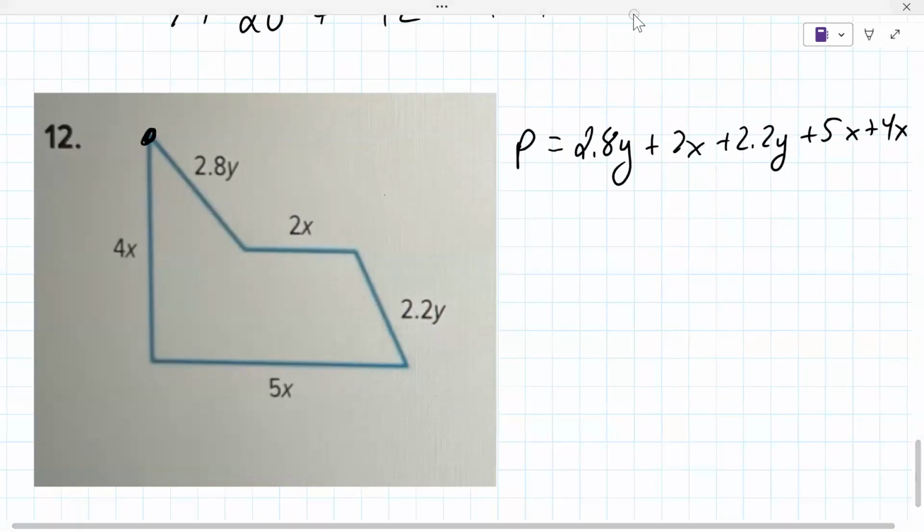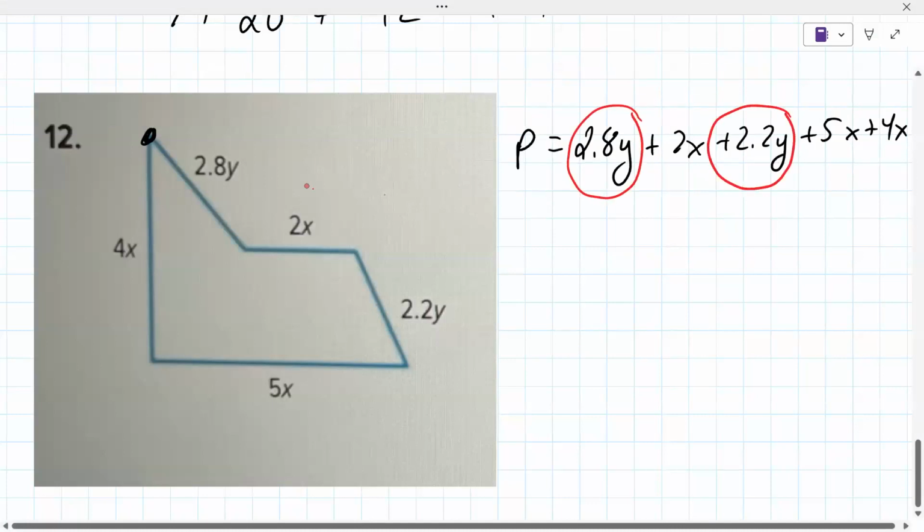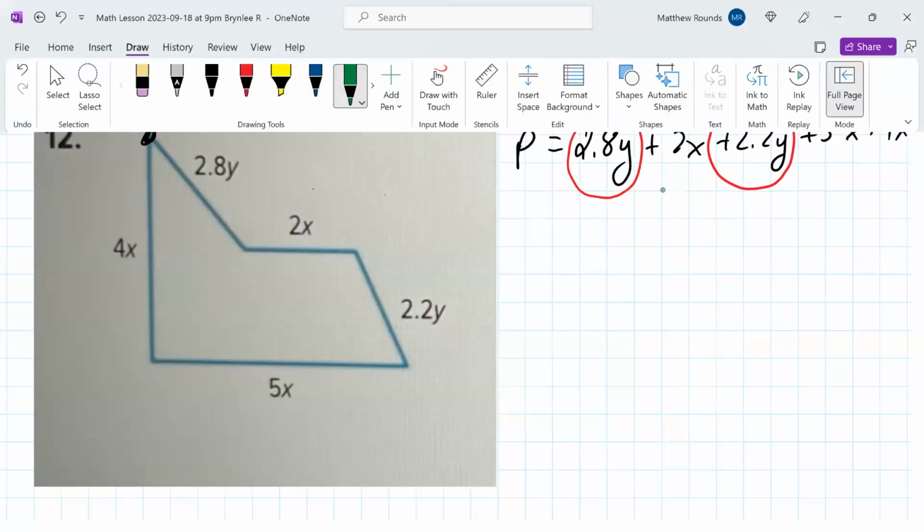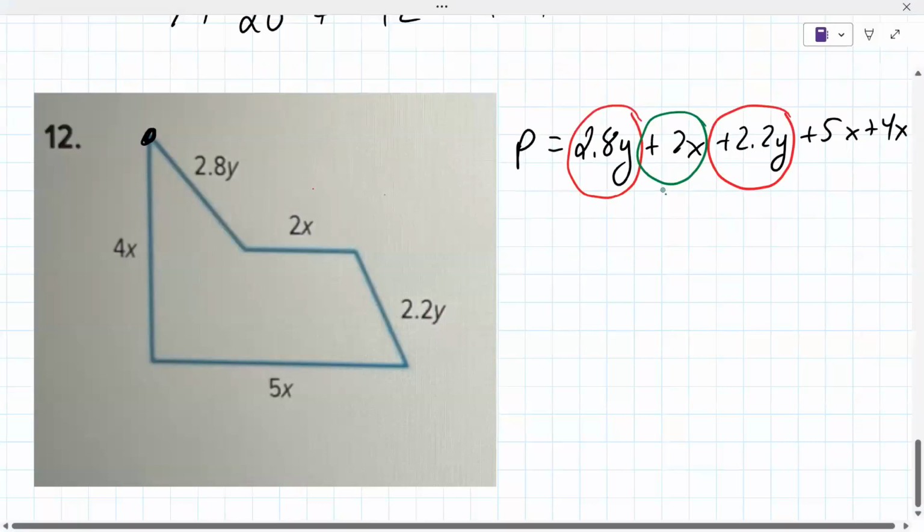And so you look to combine like terms. So 2.8y, 2.2y, those are like terms because they both have a y. 2x, 5x, and plus 4x, those are like terms. Notice I'm using the operator with it. I'm not leaving it out, the operator goes with it.